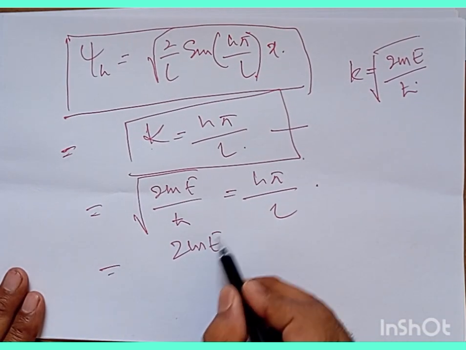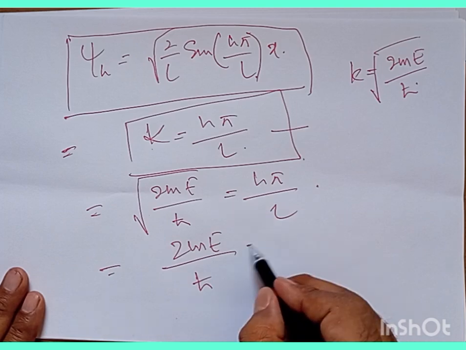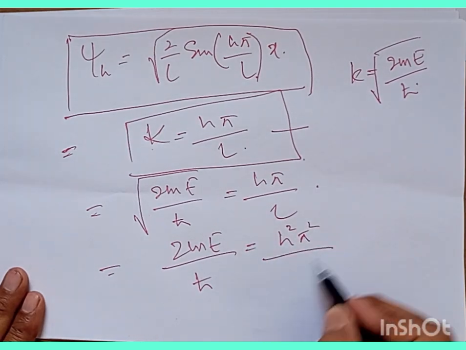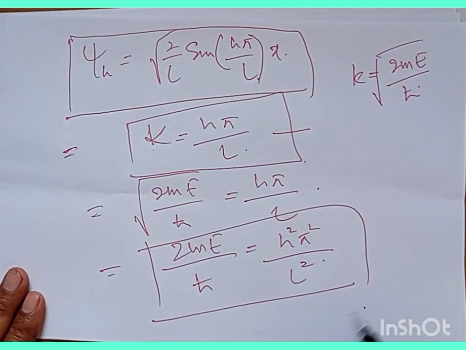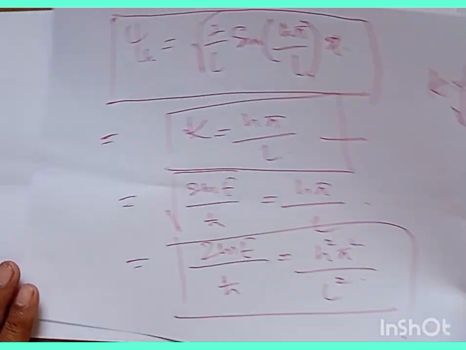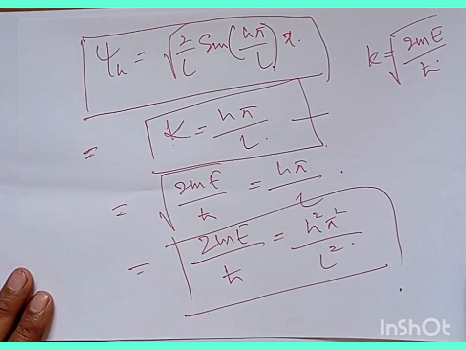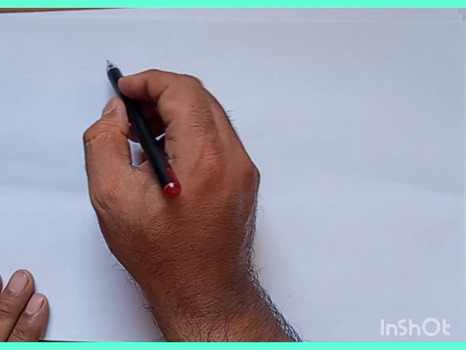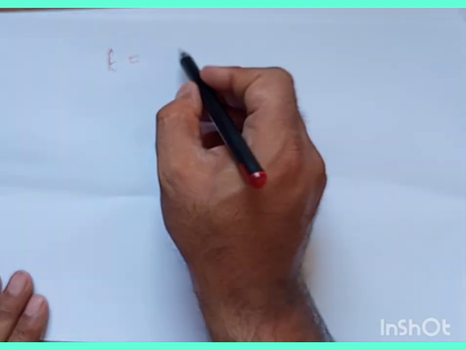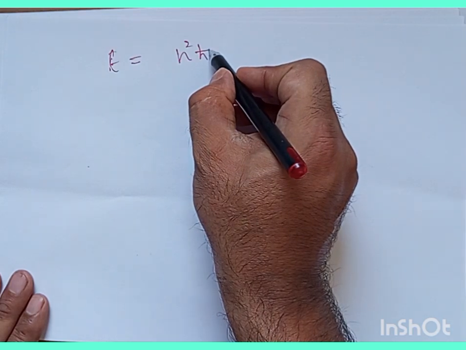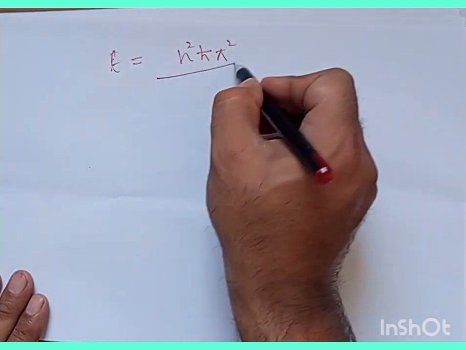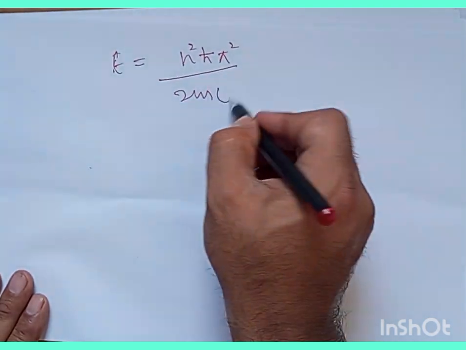So we'll have 2m E by h cross squared equals n square pi square by L square. From this equation, we can obtain the energy eigenvalues, and we can see that this particle will not have all possible energies. It can exist only in certain energy levels. So we will have E equal to n square h cross square pi square by 2m L square.